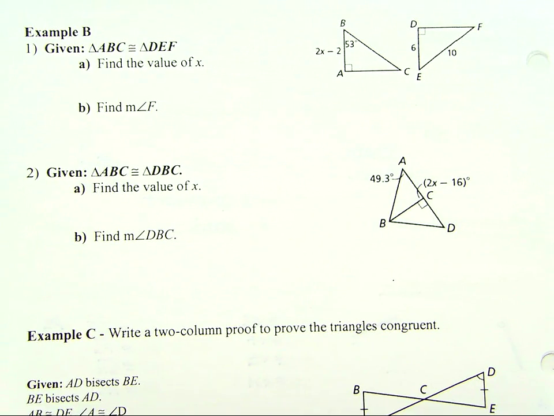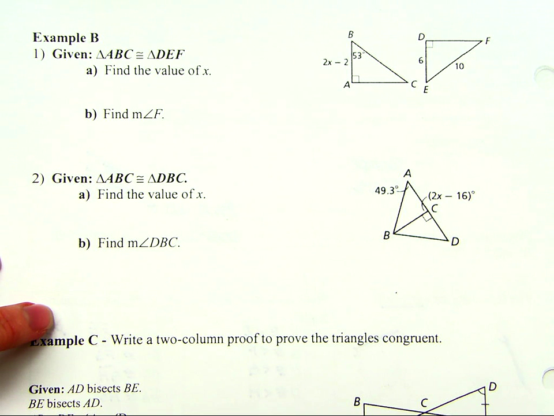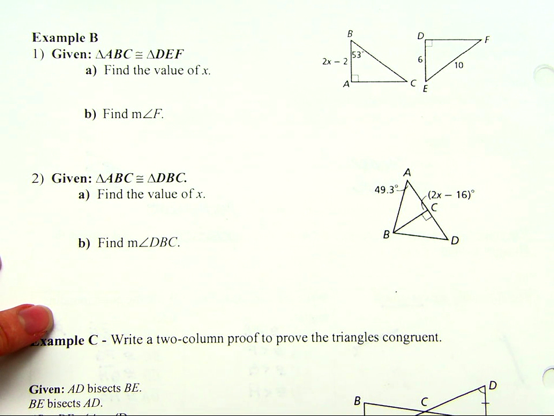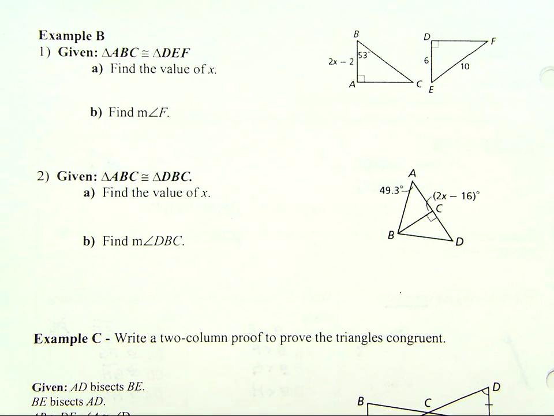Because we know that congruent figures have corresponding parts that are congruent, we can use that information to solve for some missing measures. So in example B, they're going to ask us to do some solving. They have given us the fact that triangle ABC is congruent to triangle DEF. They would like us to find the value for x.